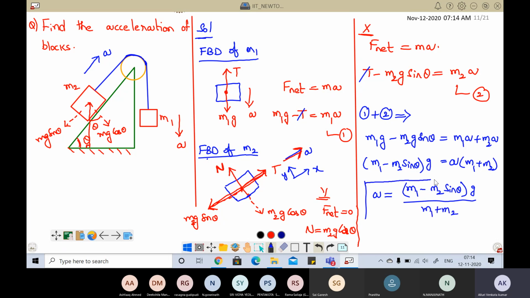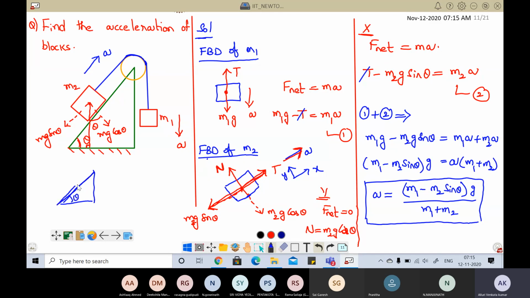This is the expression for the acceleration. Previously, in the Atwood machine, we have seen A equals difference in masses over sum of masses. There theta will be how much? 90, correct or not? Right now the inclined plane is 30.